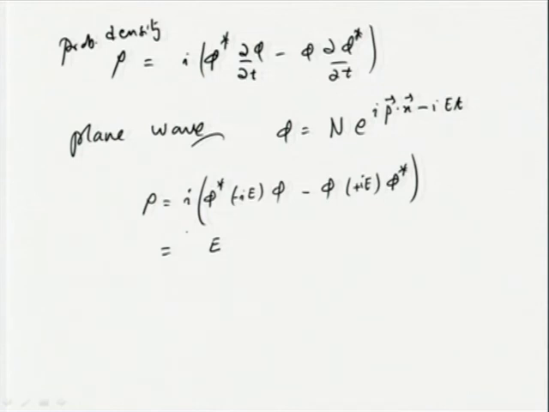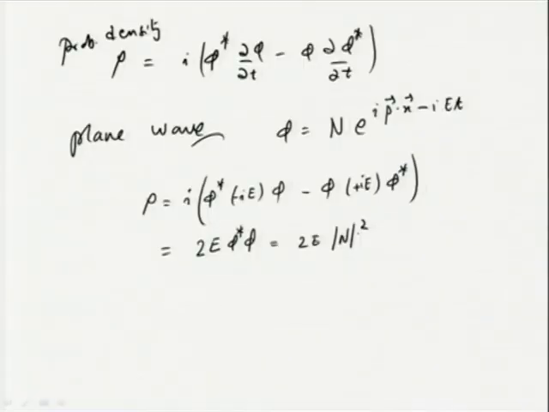That is again going to give you a plus E. So in total 2E phi star phi, which is 2E N squared mod N squared. So rho in the case of the plane wave solution is twice the energy of the particle corresponding to the wave function, times the normalization squared.